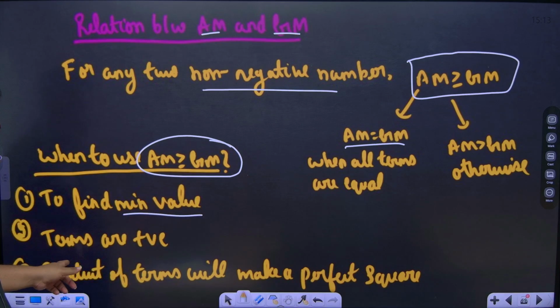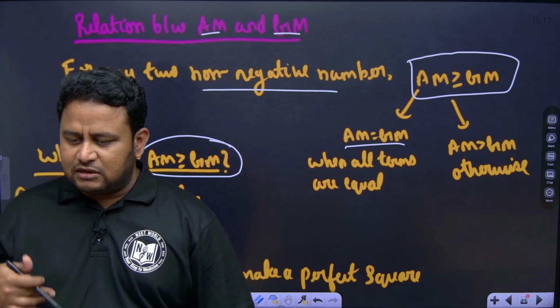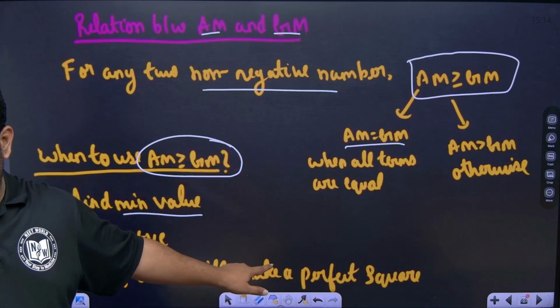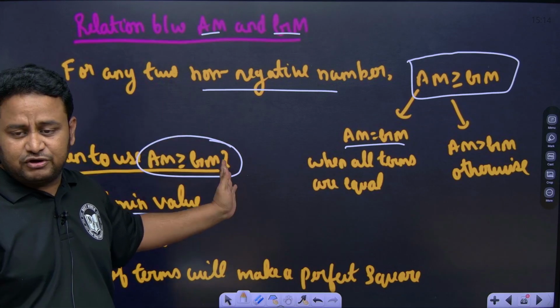And next, when the terms are positive. When all the given terms are positive, there also you can use arithmetic mean is greater than or equal to geometric mean. I am telling the utility of this concept. Already we learned the relation between them; now we are going to learn the application.